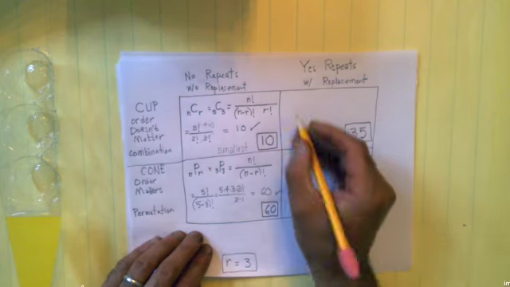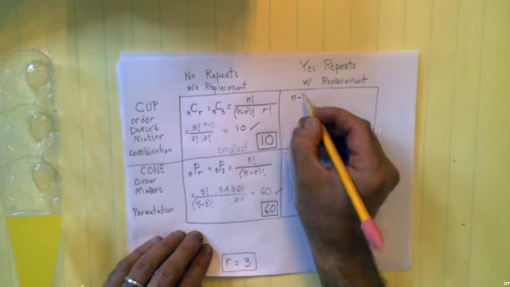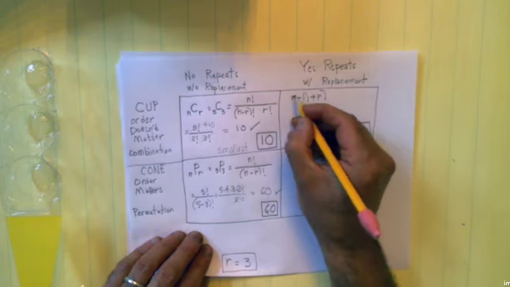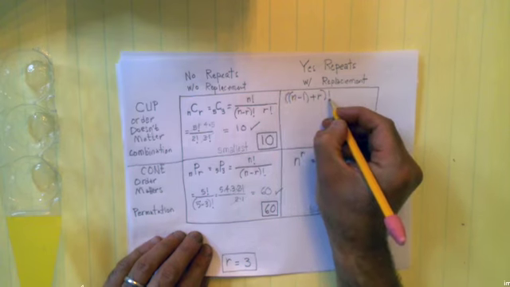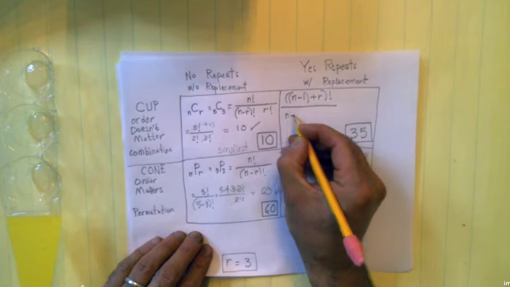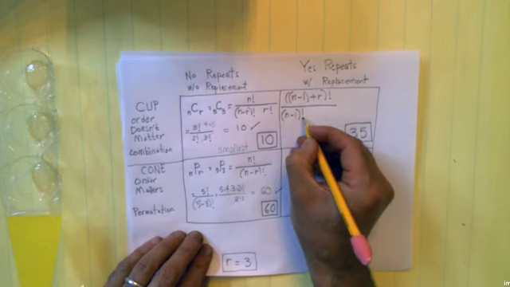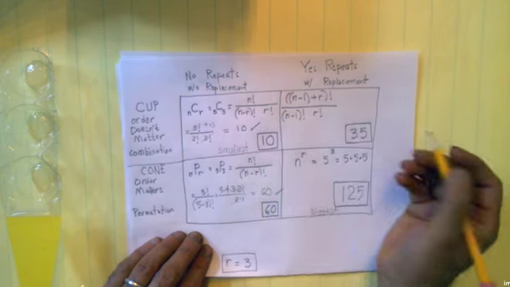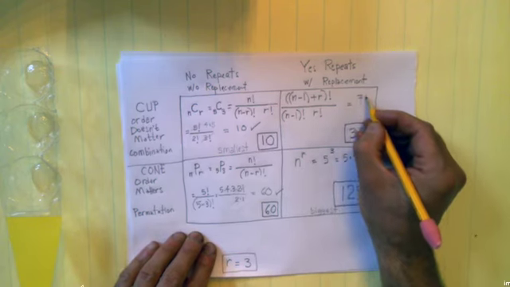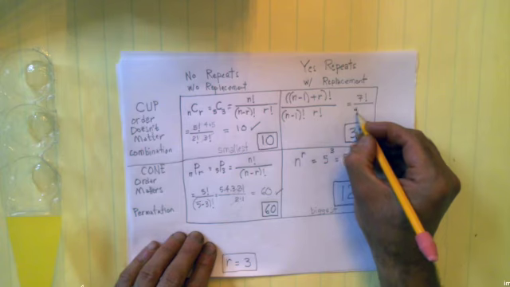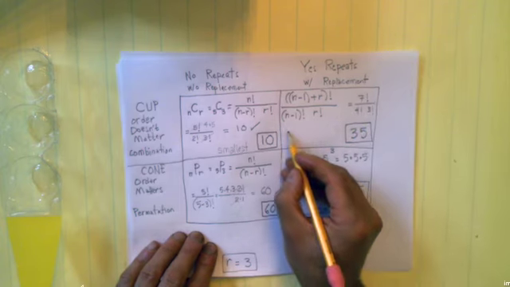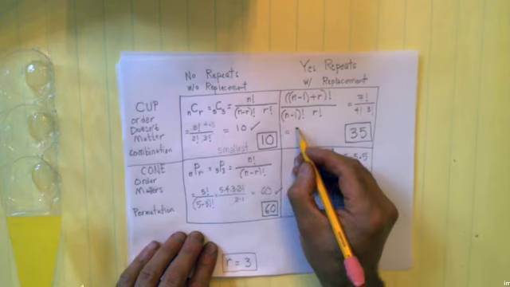And remember, the formula was n minus 1 plus r, the whole thing, factorial, divided by n minus 1 factorial and r factorial. When we plugged it in, it came to 7 factorial over 4 factorial and 3 factorial, and it worked itself out to 35.